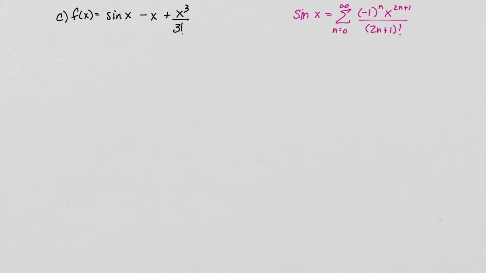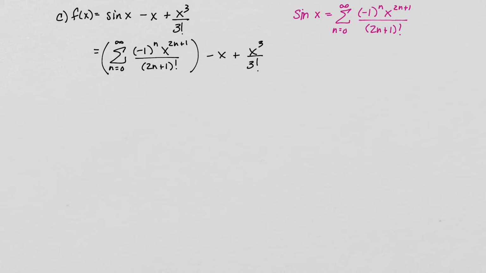So if I plug that in, we've got here the summation n equals 0 to infinity, negative 1 to the n, x to the 2n plus 1, all over 2n plus 1 factorial. All that, and then we're subtracting off an x, and we're adding an x cubed over 3 factorial.